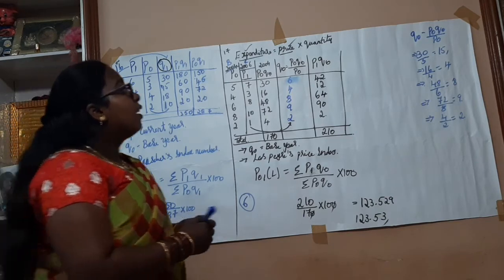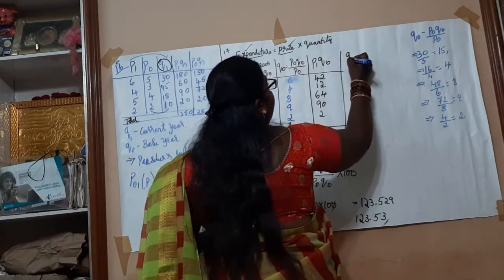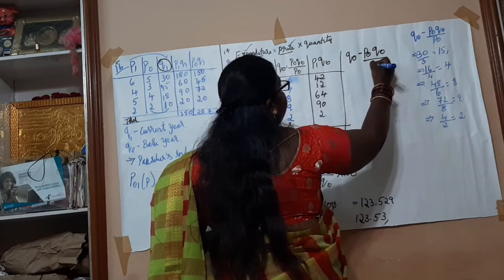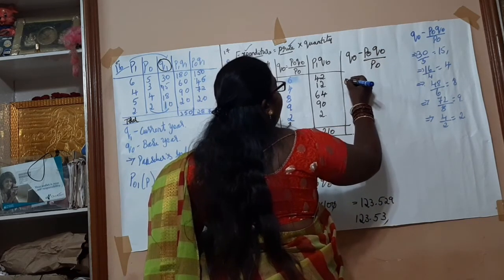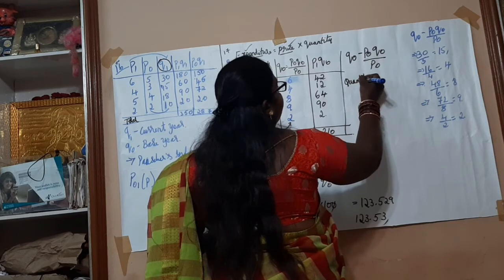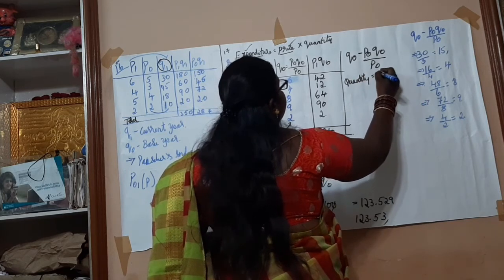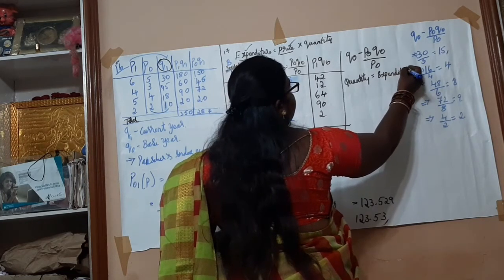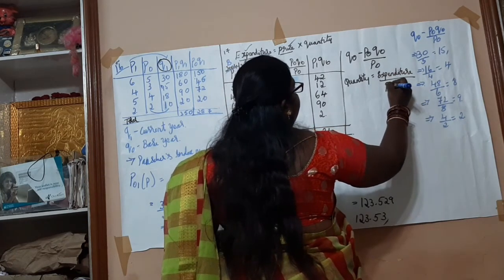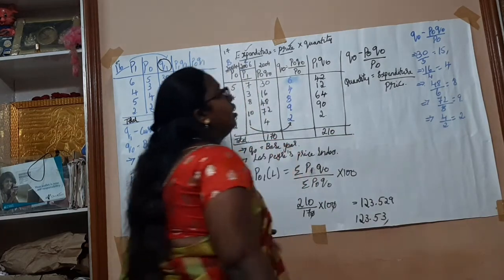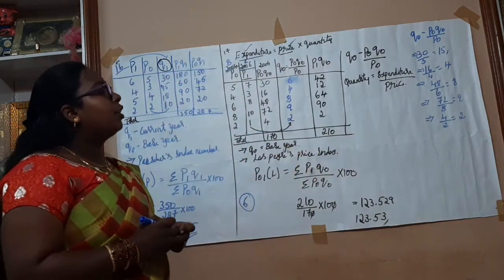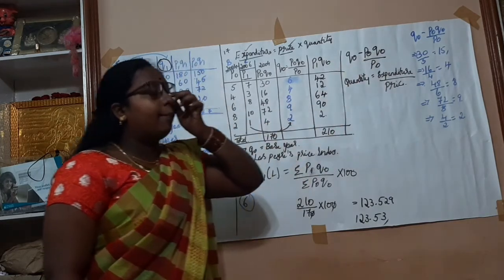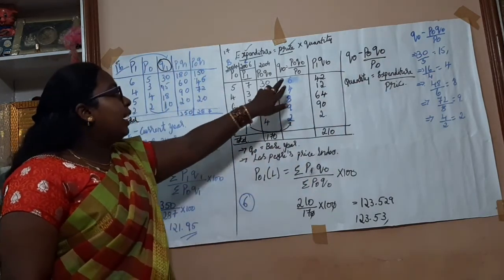That is nothing but your Q0, P0 Q0 divided by P. Quantity is equal to expenditure divided by price, which is nothing but Q0 is equal to P0 Q0 divided by P.